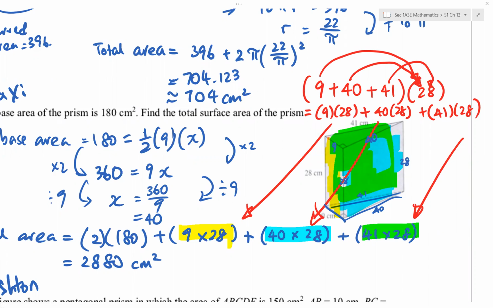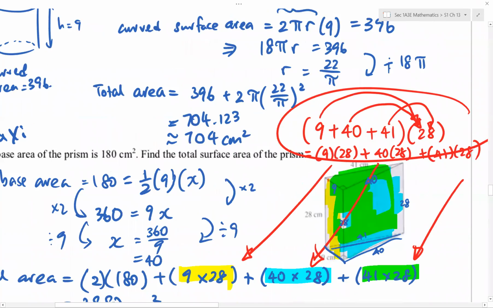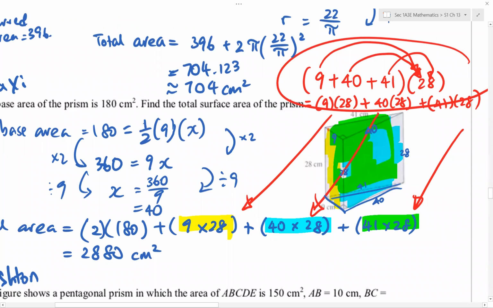So why did I teach you perimeter times perpendicular height, which seems more complicated and more difficult to understand, as opposed to this, which is easier to understand? It's rectangle plus rectangle plus rectangle. So why? Faster and fewer chances for careless mistakes.